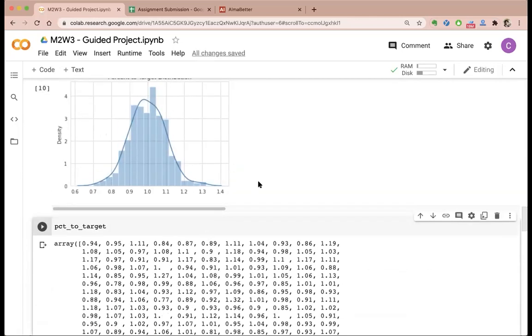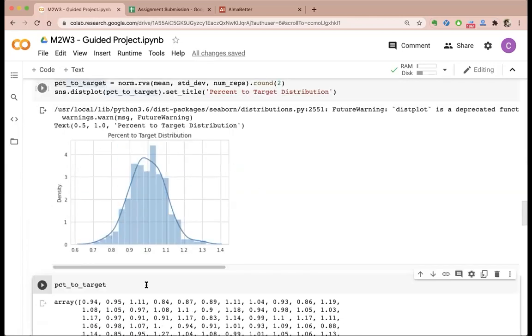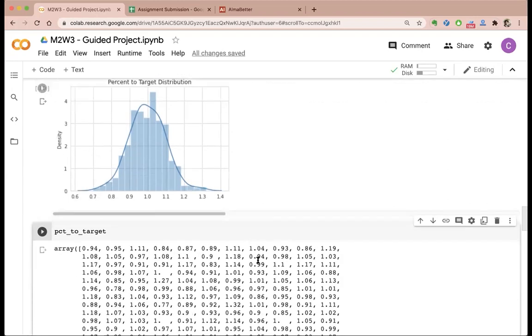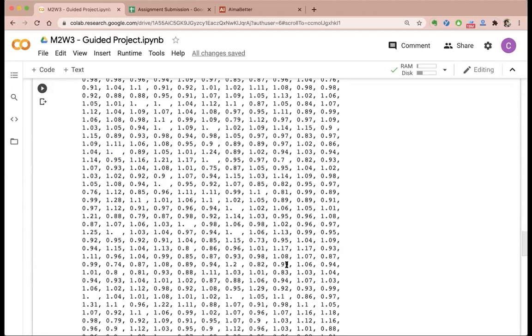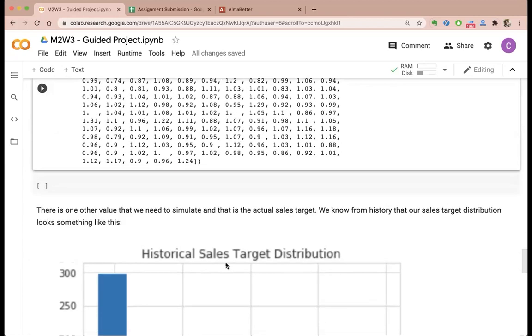But the distribution looks like this. Like, the majority will have achieved only 100%. Very few will have achieved very low numbers, and very few people will have achieved very high numbers. So you can see the distribution, right? This is how it looks.